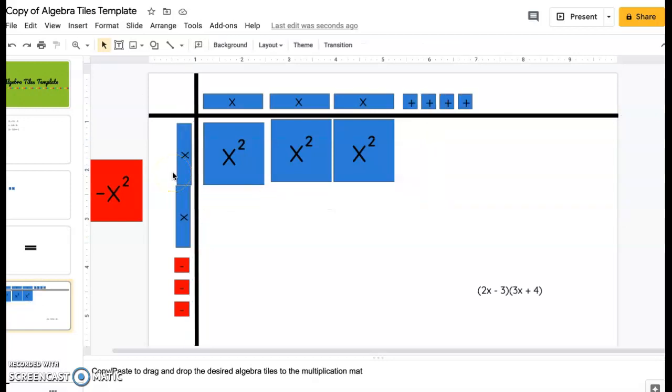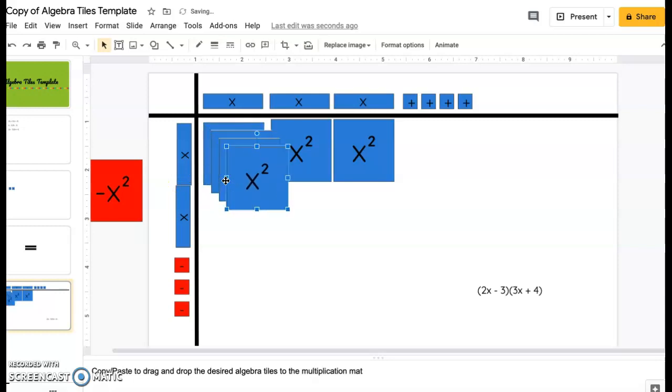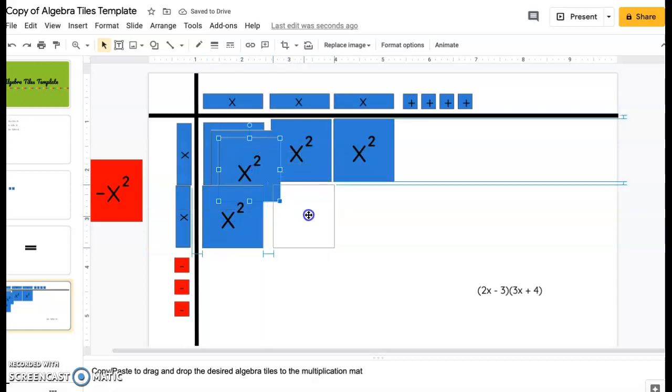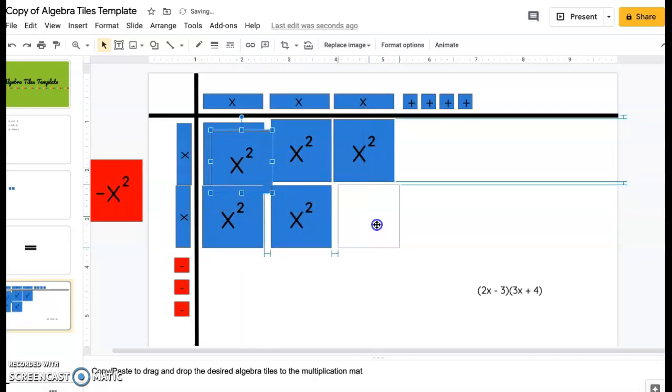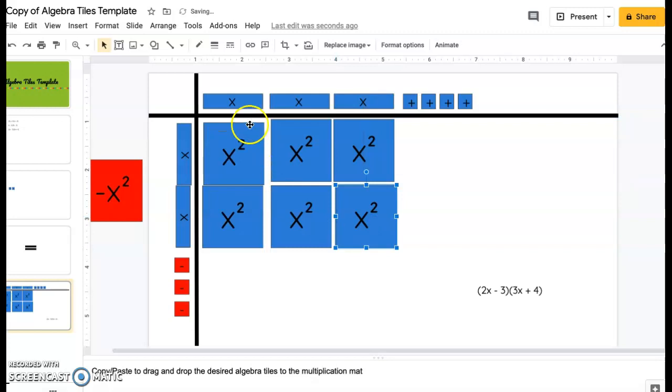Alright, so we were able to keep the x squares that we've had so far, but we get to add 3 more now because it's 2x and 3x. So now we're going to multiply these x's times these positives. So that means that we're going to continue to have our blue positive x's for a little bit here. And just situate them just right.